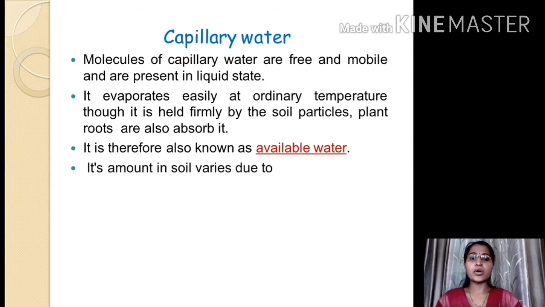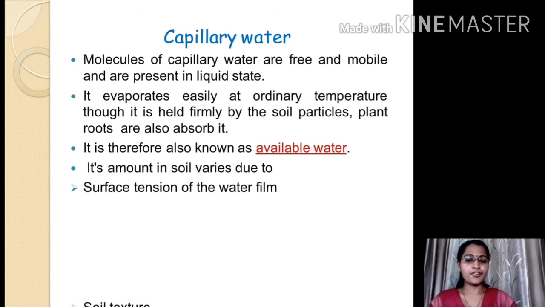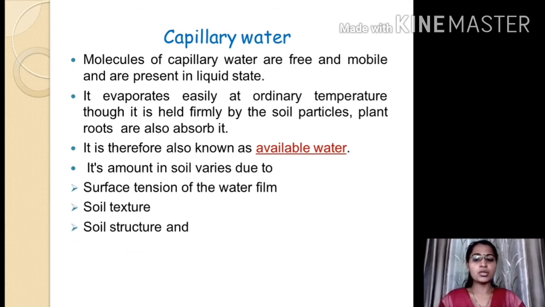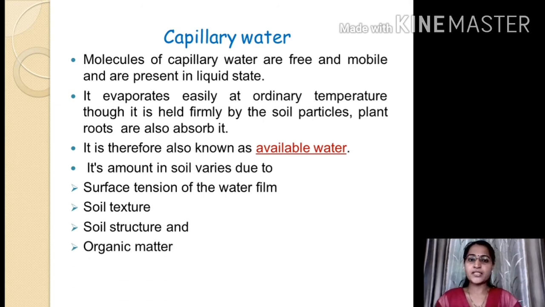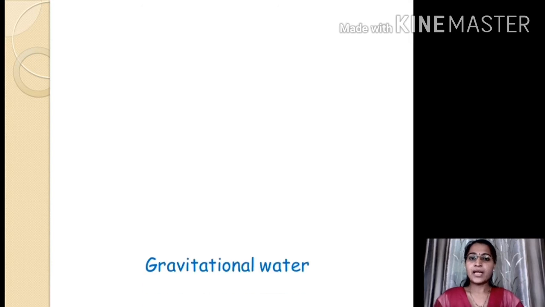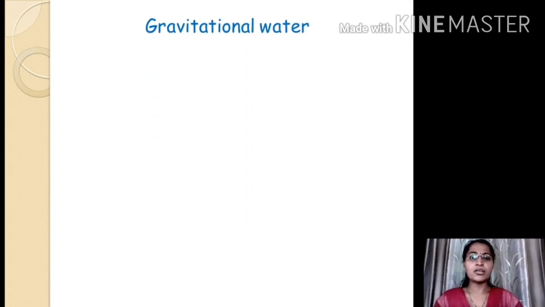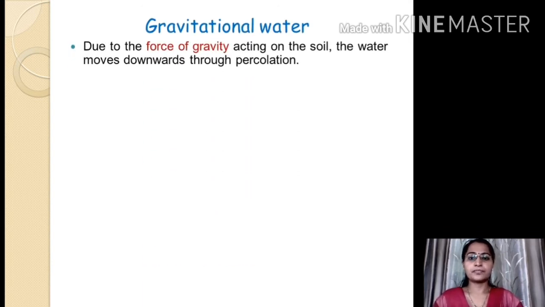Its amount in soil varies due to surface tension of water film, soil texture, soil structure, and organic matter present in the soil. Now see the third one, gravitational water.